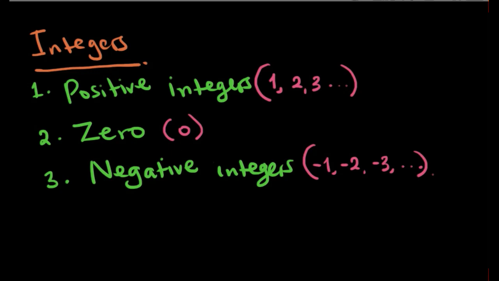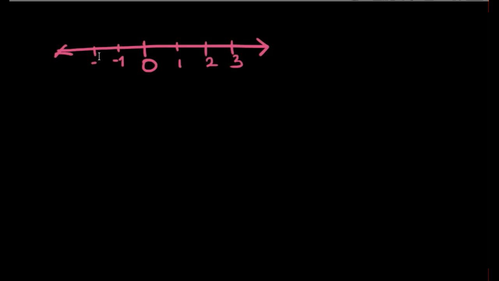Now, one more important thing that we have to know is that on a number line, if we have 1, 2, 3, then we have negative 1, negative 2, negative 3. Note that as you go to the right, numbers become bigger.